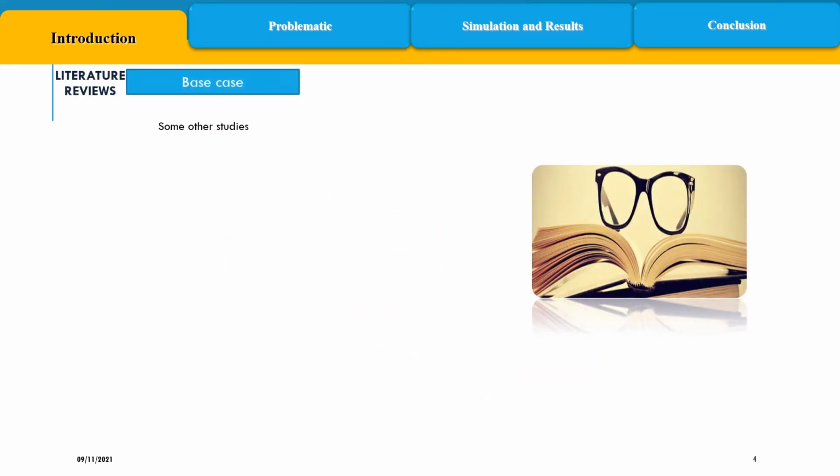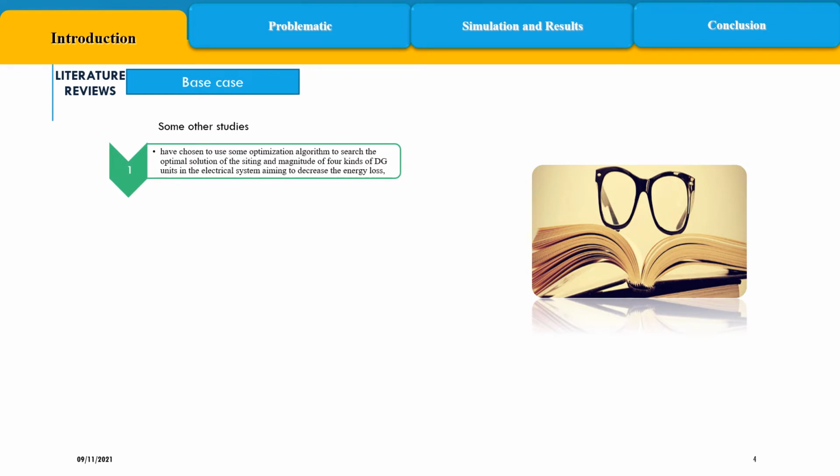From the literature review, some authors have chosen to use some optimization algorithm to search for the optimal solution of the setting and magnitude of 4 kinds of distributed generation units.